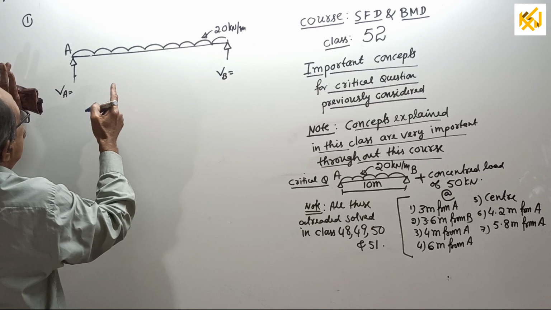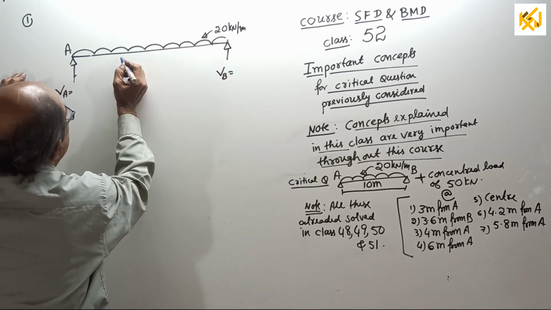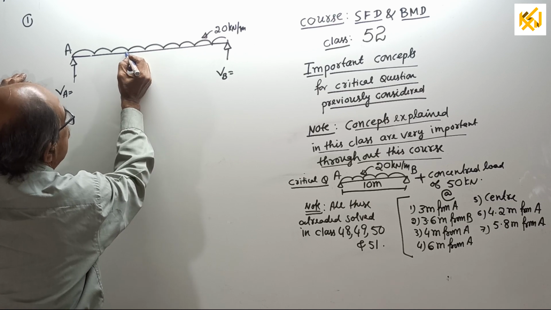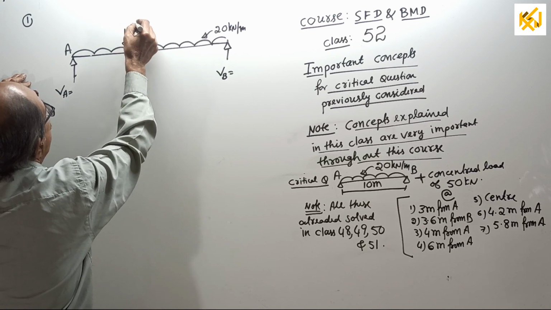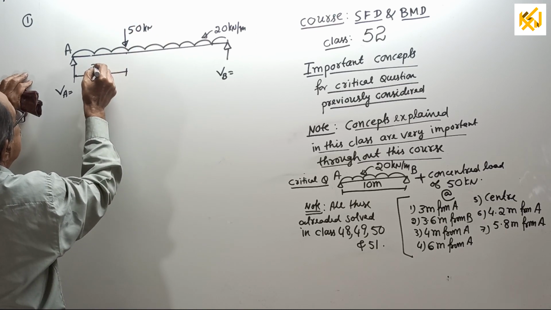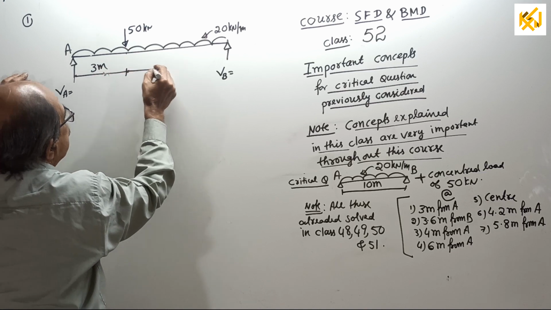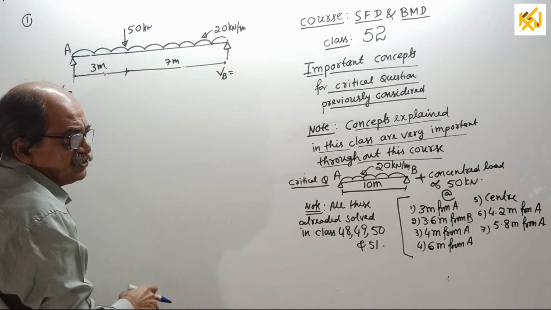And then one by one the point load. First question: 3 meter from A. This is 10 meter. Somewhat to scale I will maintain. 3. Okay. Load is 50 kilonewton. This is 3 meter, and this is 7 meter. Okay, I will start solving.